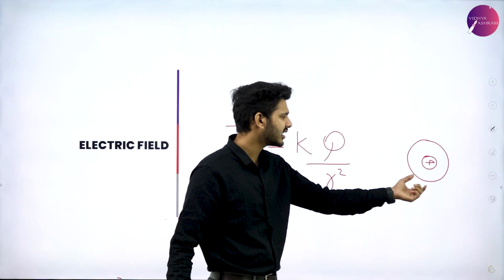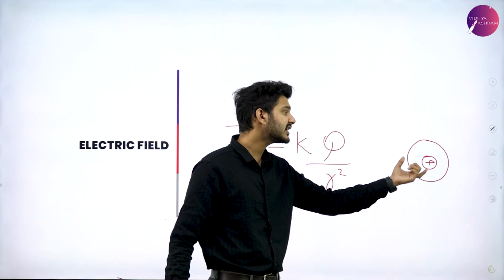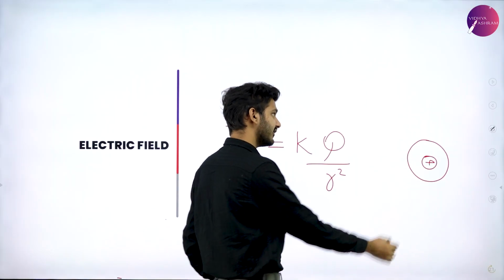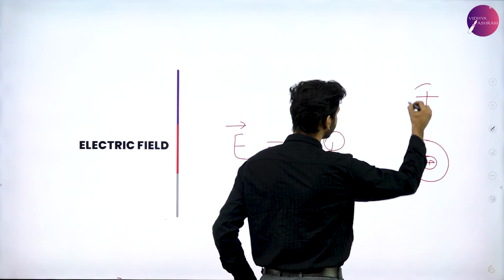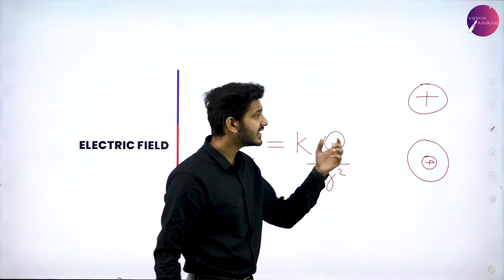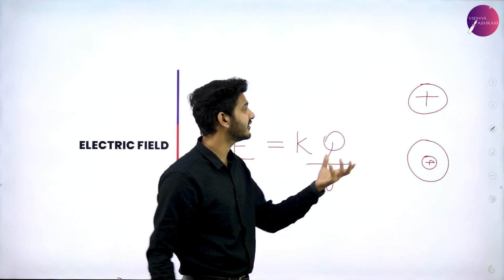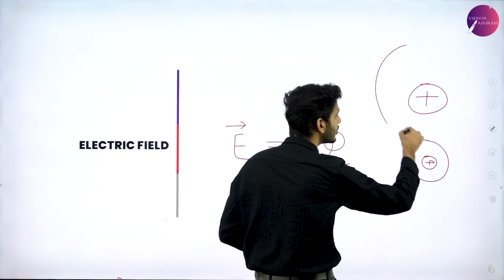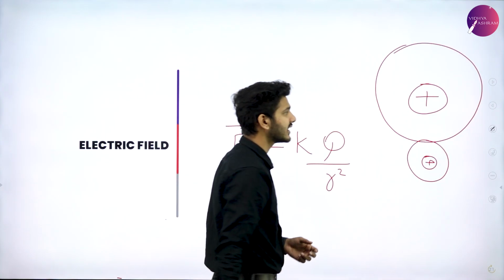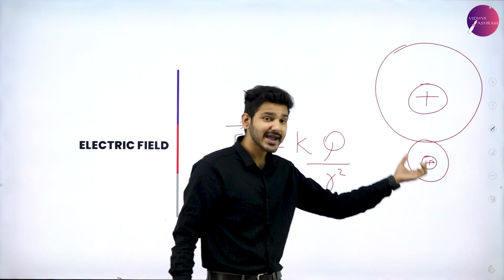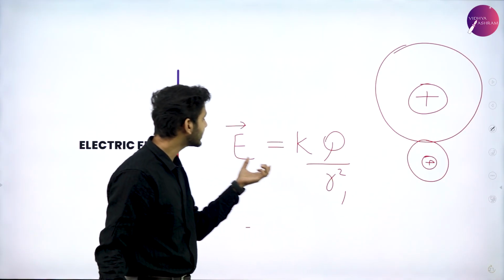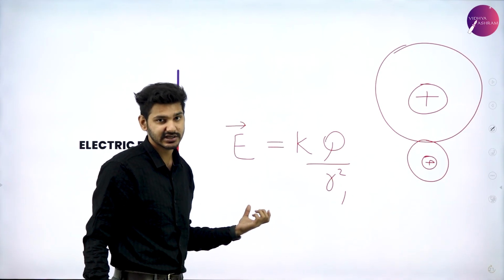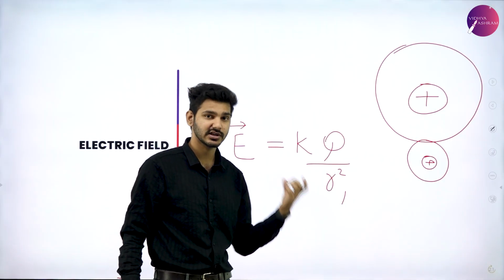So this is the area under which the electric field is felt, and this will be small. But let's say we have a heavier charged particle, and the area under which its influence is felt will be much larger. That is, depending on the magnitude of the charge, the electric field will increase or decrease. So that is understood from this equation.